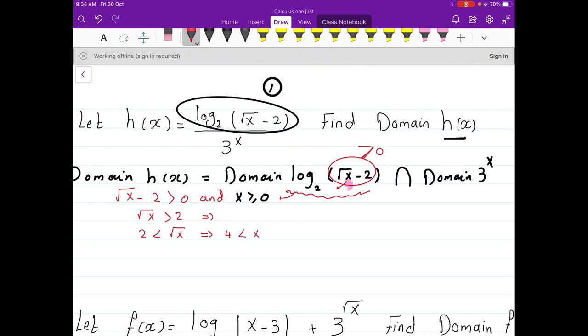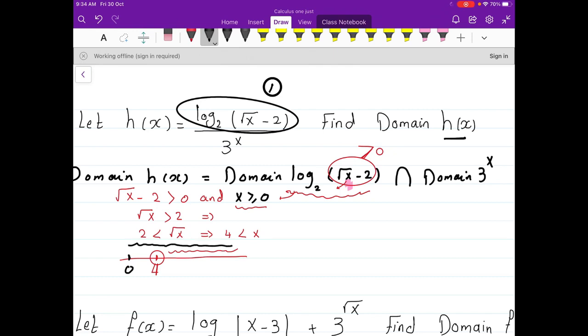Now you want the intersection: x is greater than 4, but 4 is open, and x is greater than or equal to 0. Why this condition? Since we have the square root of x. So the intersection of x greater than or equal to 0 with x greater than 4.